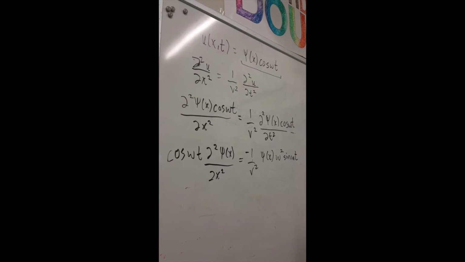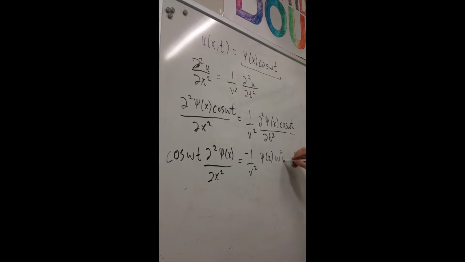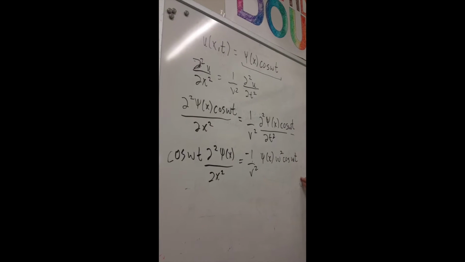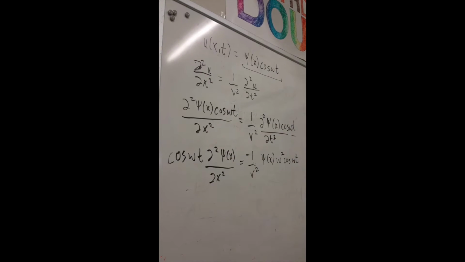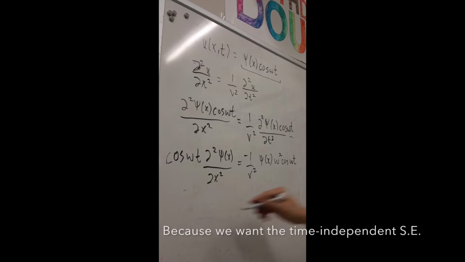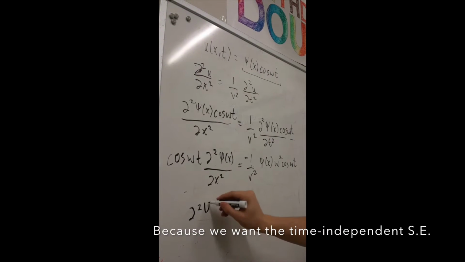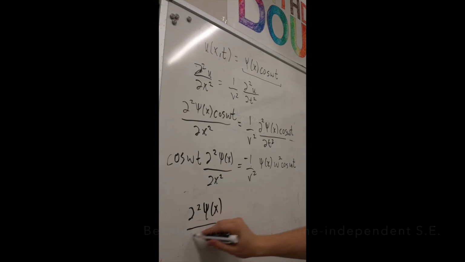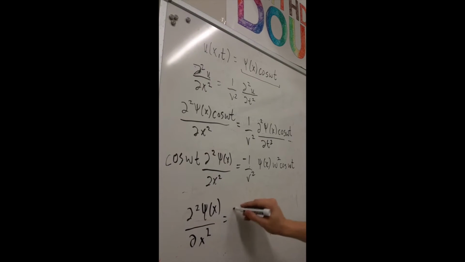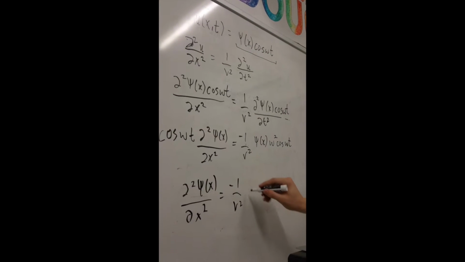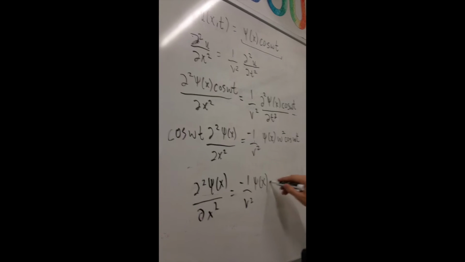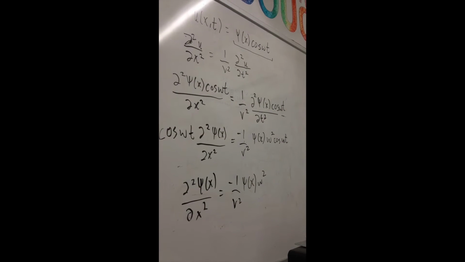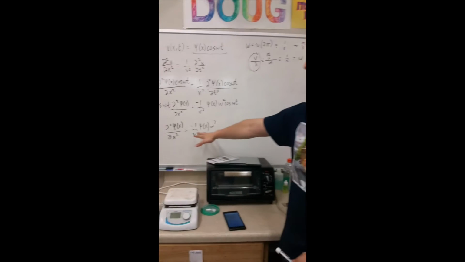At this point, that's cosine. At this point, we can divide by cosine omega t and just get rid of it to simplify, which is useful. So we're left there. So now we have this form, which is pretty simplified.